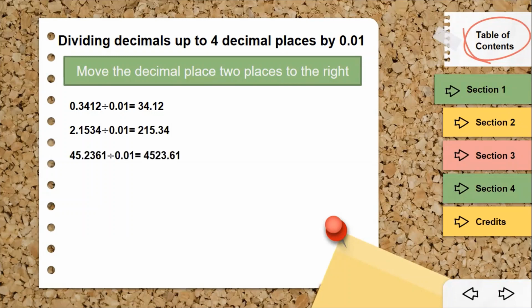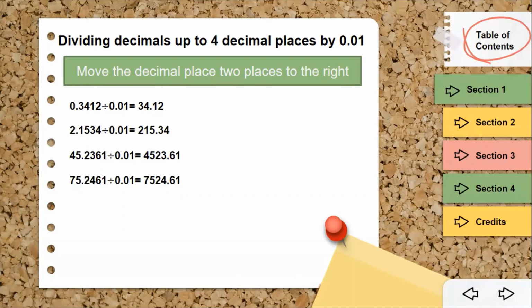Another example, we have 45 and 2,361 10,000s divided by 1/100. Move the decimal point 2 places to the right. And for our final answer, we have 4,523 and 61 hundredths.